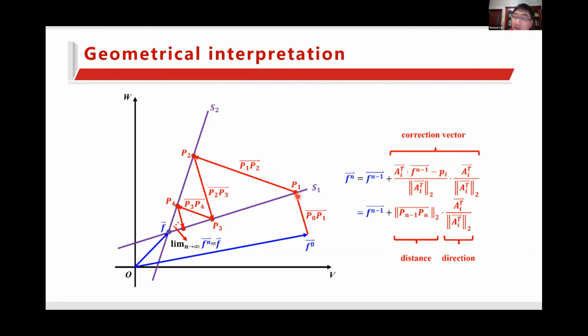So we do another projection from P1 to P2 to make it satisfy the second equation. But now it does not satisfy the first equation, so we project back to S1. Iteratively, we will converge to this F. That's the final solution. And this is the interpretation of the so-called ART algorithm, which is widely used in tomography.